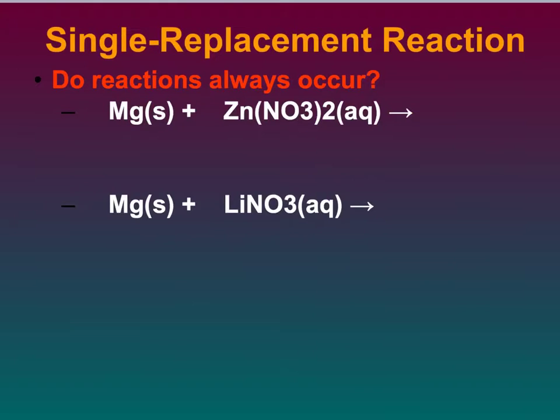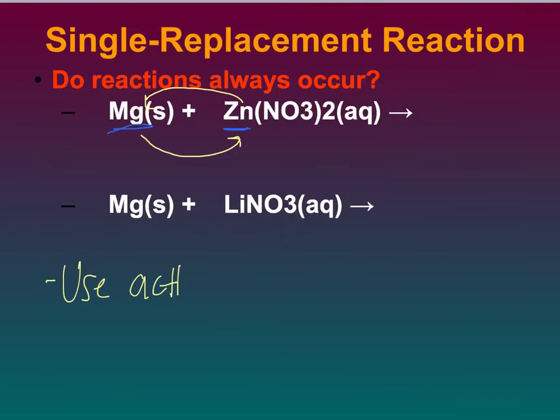Also with single replacement reactions, we want to look at if these reactions always occur. So again, if we look at this, we have magnesium, we have zinc. Those are my metals. If this is single replacement, think about what that means. Your metals are going to switch places. Now, in order for our metals to switch places, we have to use what is called the activity series.